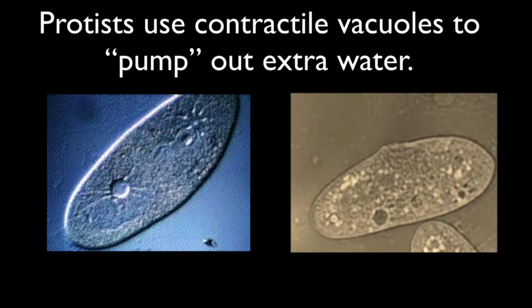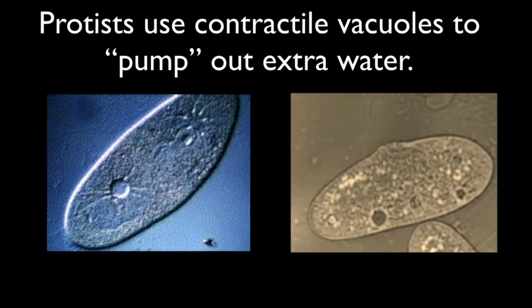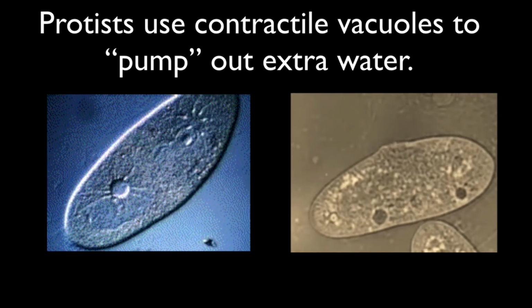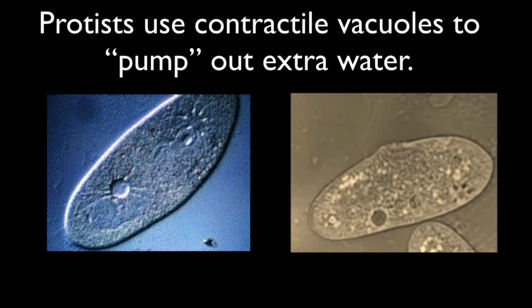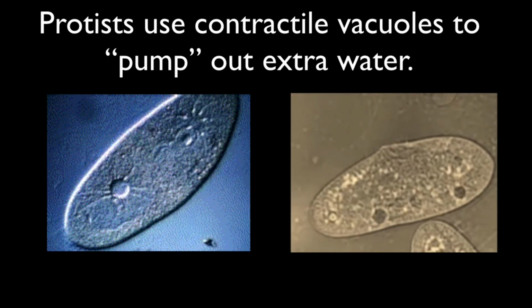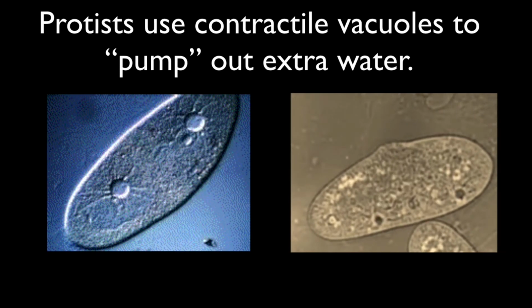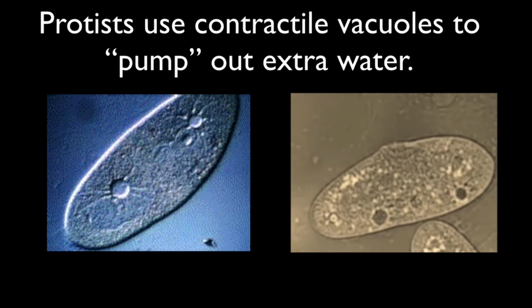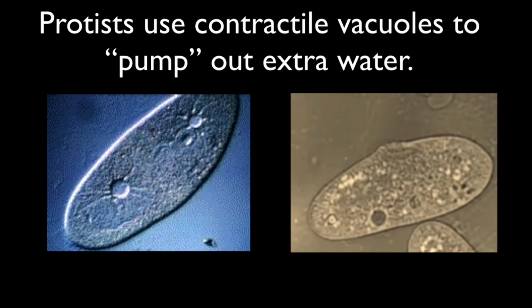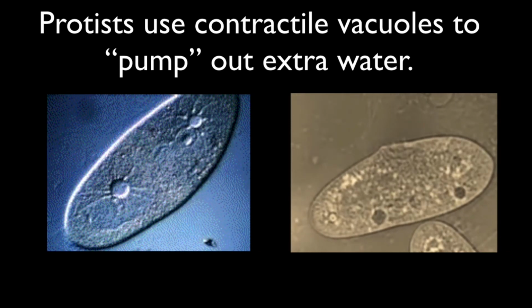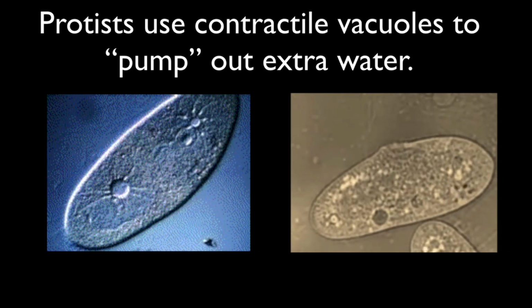And what this does is that it ensures that the cell does not end up too full of water, which can actually cause the cell to burst if the cell does not find a way of getting rid of that extra water. And so contractile vacuoles basically are very important in these freshwater protists because it helps them from basically dying by bursting from too much water.